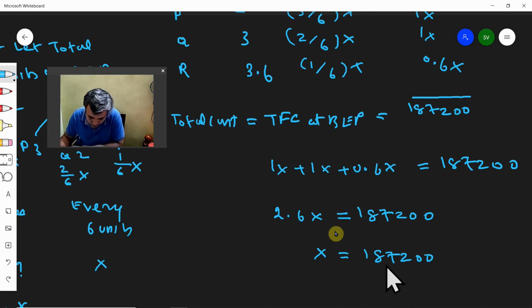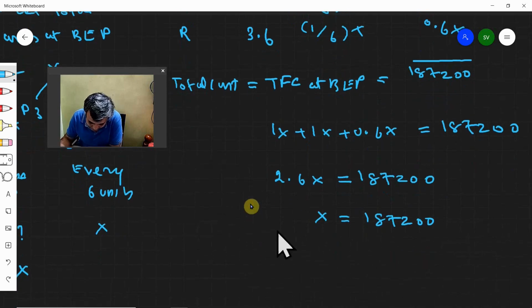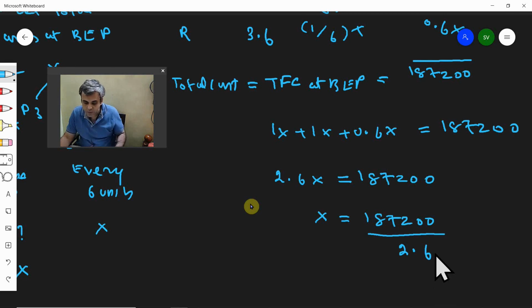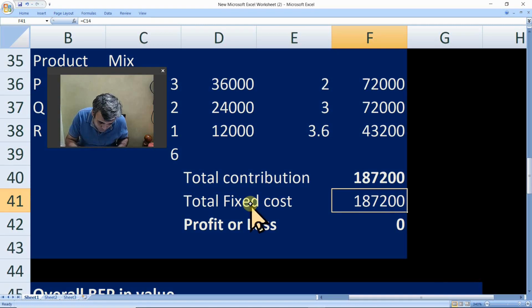So x is equal to 1,87,200 divided by 2.6. This is pretty much the same thing that we did here also.